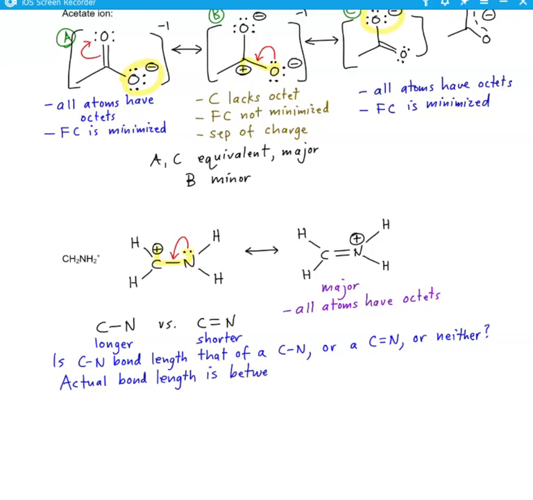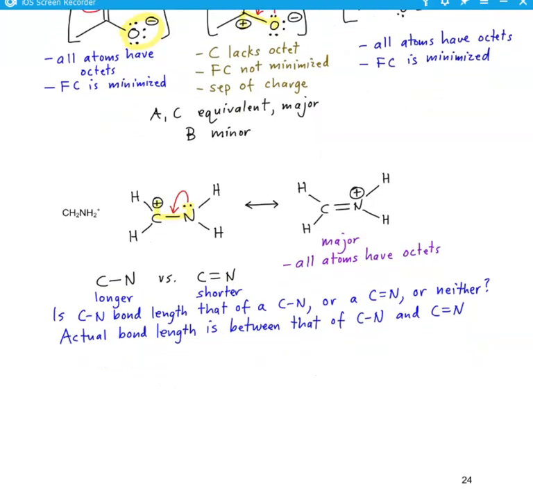So the answer here is that it's neither a single bond or a double bond. The bond length is between that of CN single and CN double. And it's probably a little closer to the CN double bond because that's the major contributor. So that's the better depiction of the molecule.